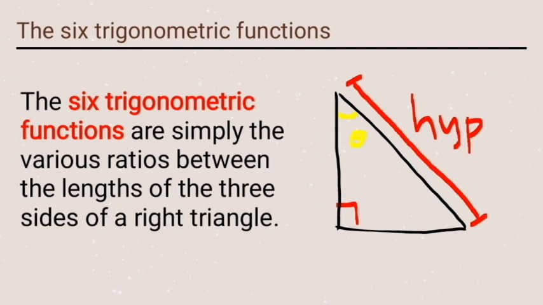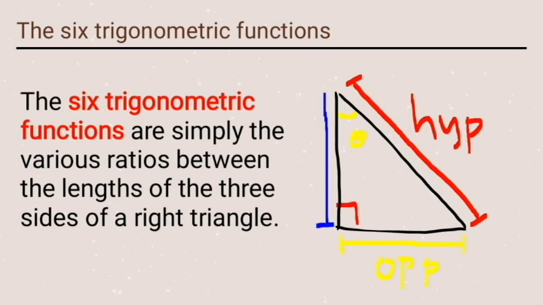Next, if the given angle theta is located here, therefore our opposite side is here. So this is now our opposite side. And the remaining side is what we call the adjacent side.